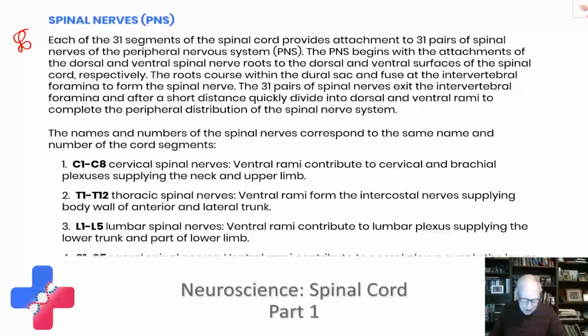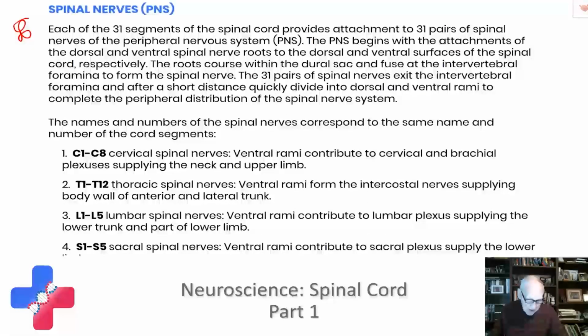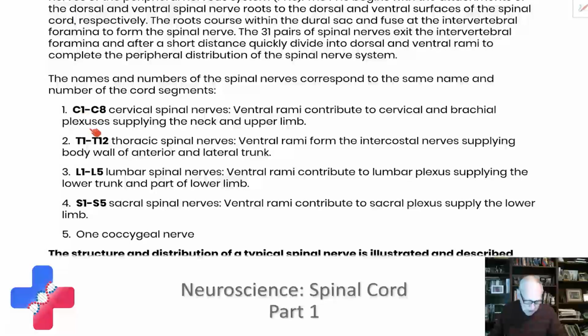There are 8 cervical, 12 thoracic, 5 lumbar, 5 sacral, and maybe 1 or 2 coccygeal segments, the coccygeal segments not being that significant. From each of these cord segments, we derive bilaterally these spinal nerve systems.